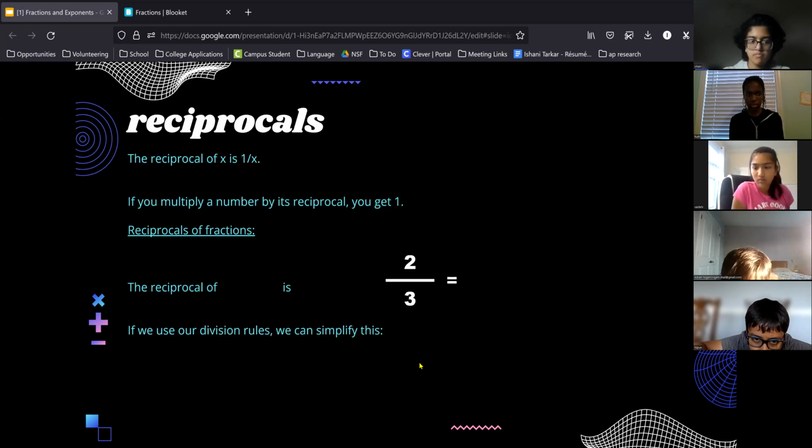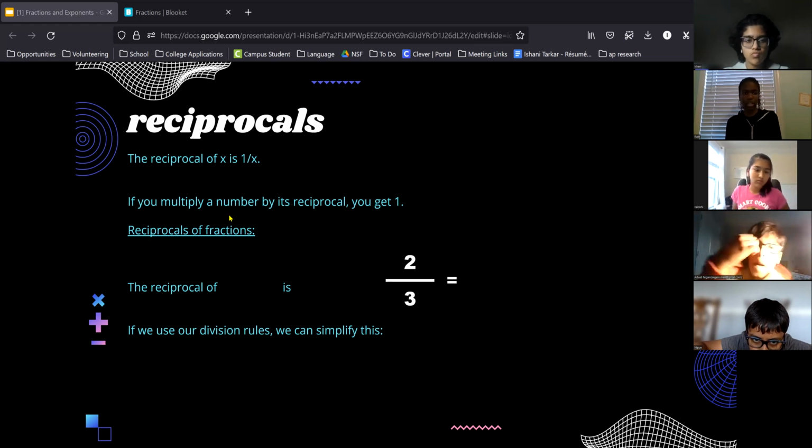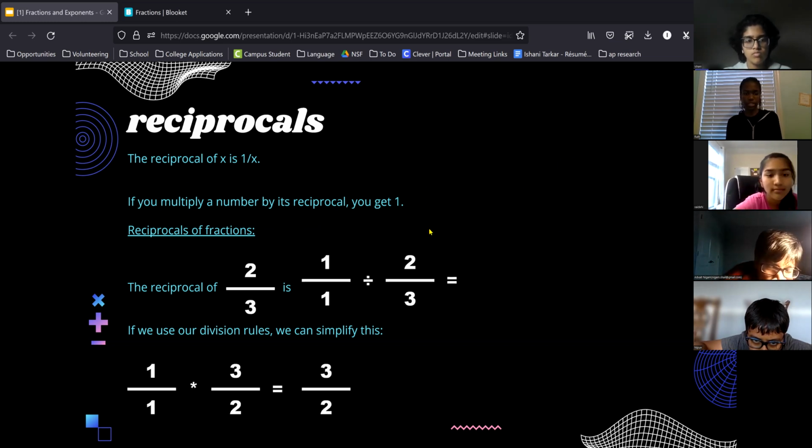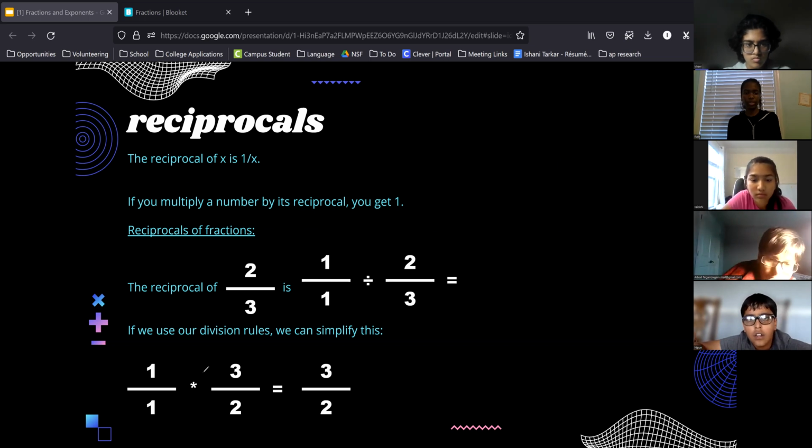Okay. So the reciprocal of a number x is just 1 over x. And if you multiply a number by its reciprocal, you get 1. And so the reciprocal of a fraction, the reciprocal of 2 over 3, is just 3 over 2. What you do is you just put the denominator in the numerator spot and put the numerator in the denominator spot.